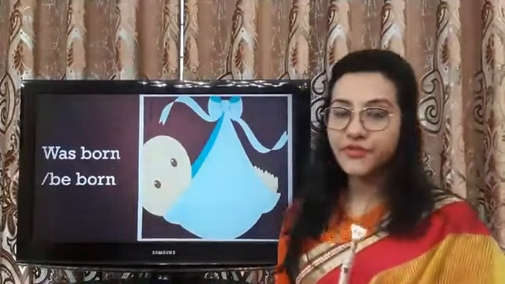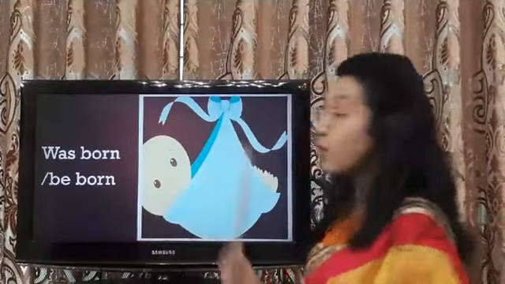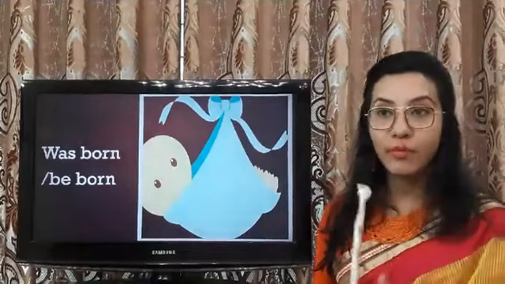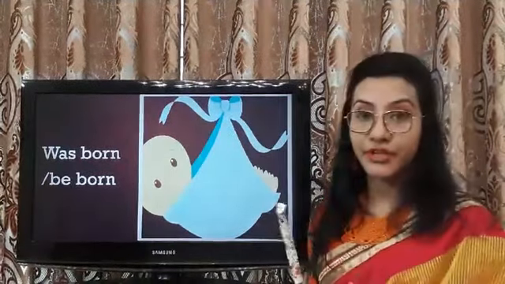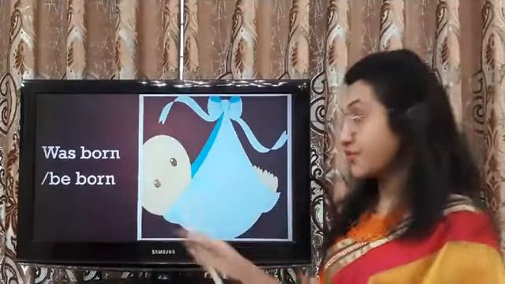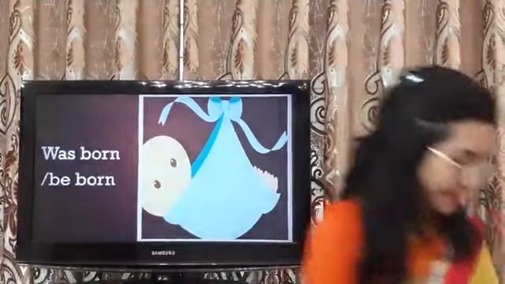So the first phrase that we have with us is was born or be born. As you can see, there is a picture given here where a small boy, he has just been given birth. And how we can use this phrase or use this word in the gap. Let's see.